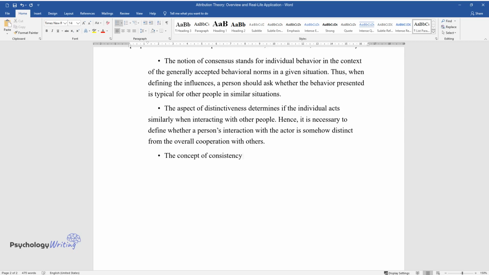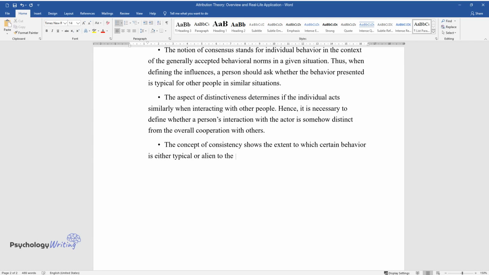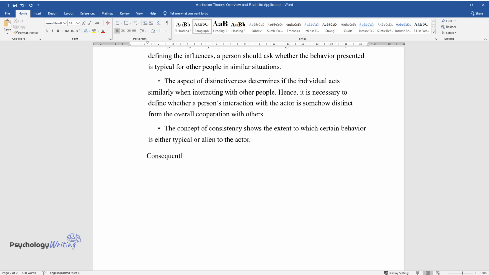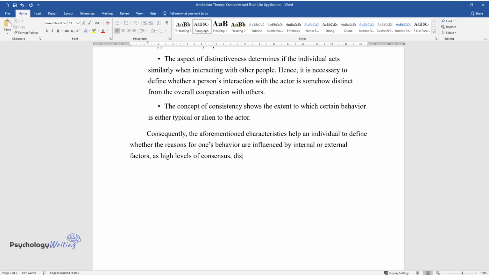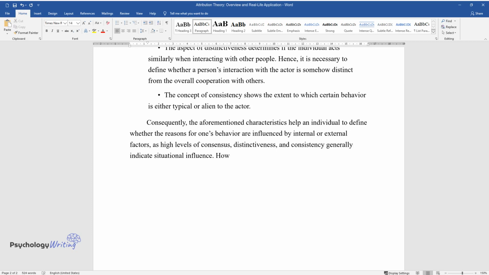The concept of consistency shows the extent to which certain behavior is either typical or alien to the actor. Consequently, the aforementioned characteristics help an individual to define whether the reasons for one's behavior are influenced by internal or external factors, as high levels of consensus, distinctiveness, and consistency generally indicate situational influence.